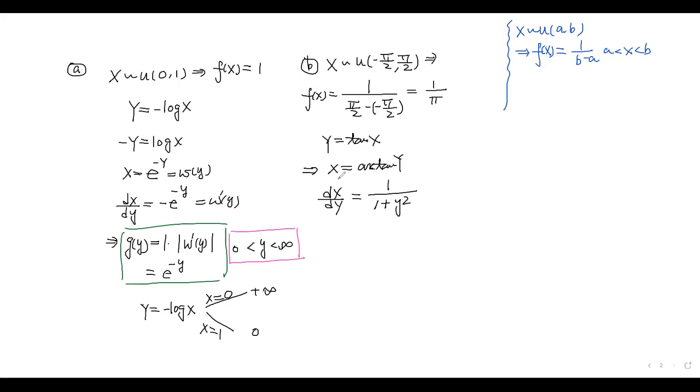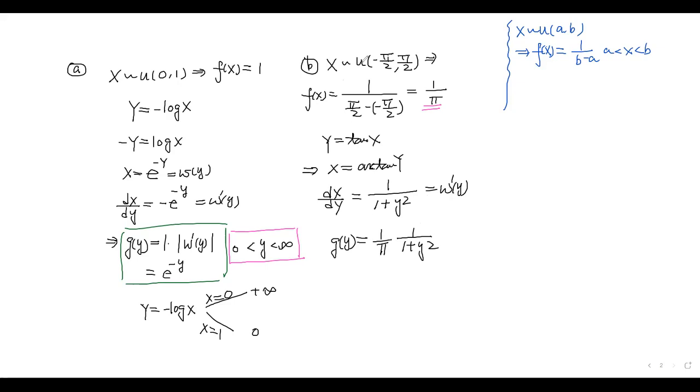Okay, so now I can just substitute to get g(y). Because this is a constant again, it will just be 1 over pi, times the absolute value of W prime(y), and these are all positive so the absolute value doesn't matter. So this is 1 over 1 plus y squared.